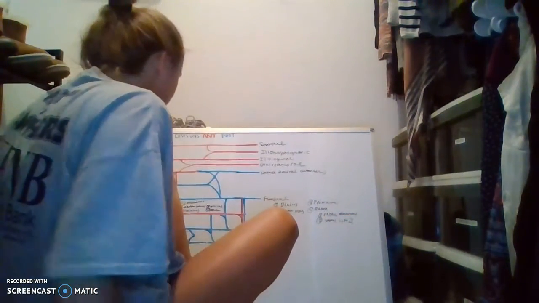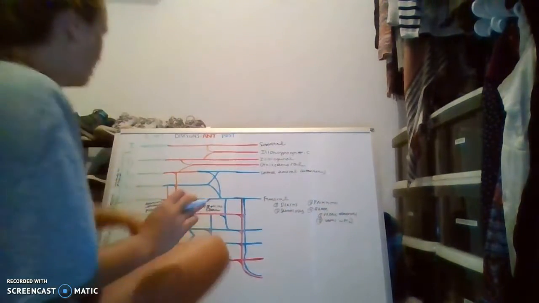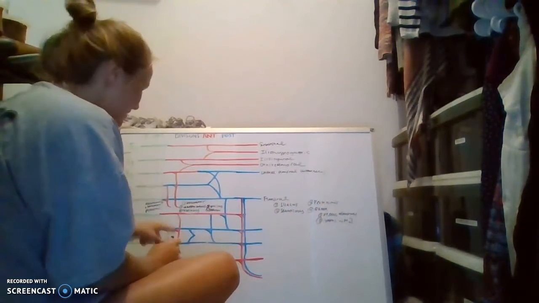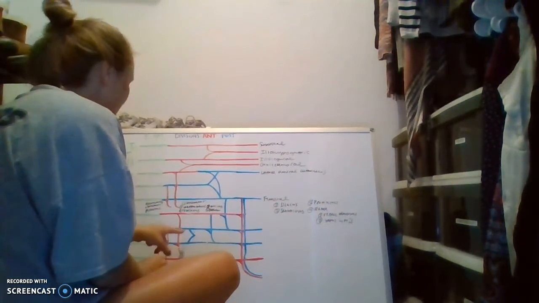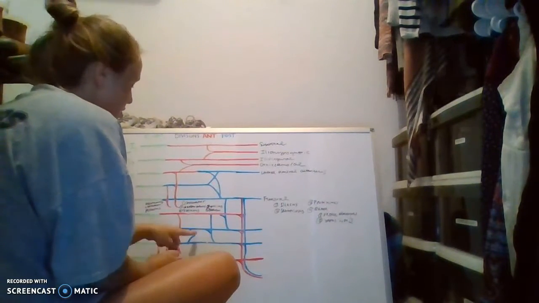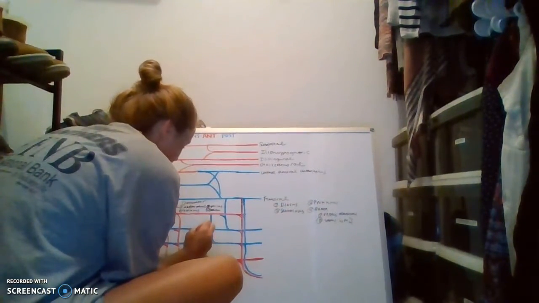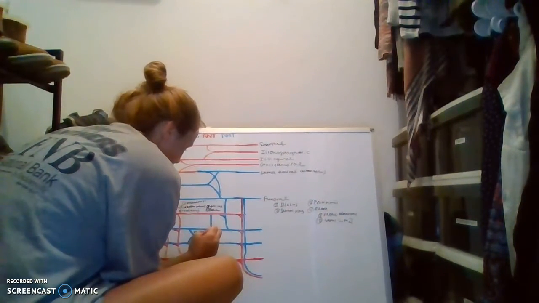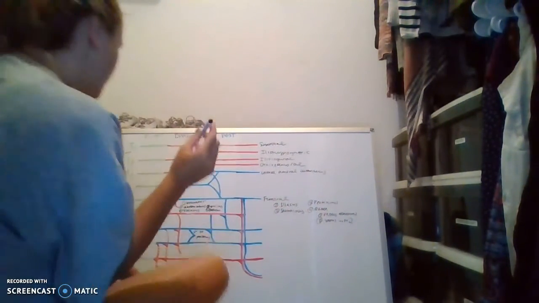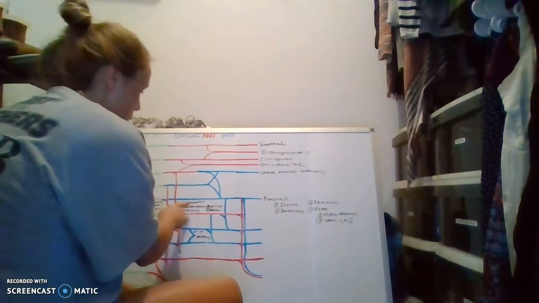All right. So down here, it's going to be the piriformis, and that's going to be your S1 and S2 combined together from your posterior division. And then down here you have your obturator externus over there.